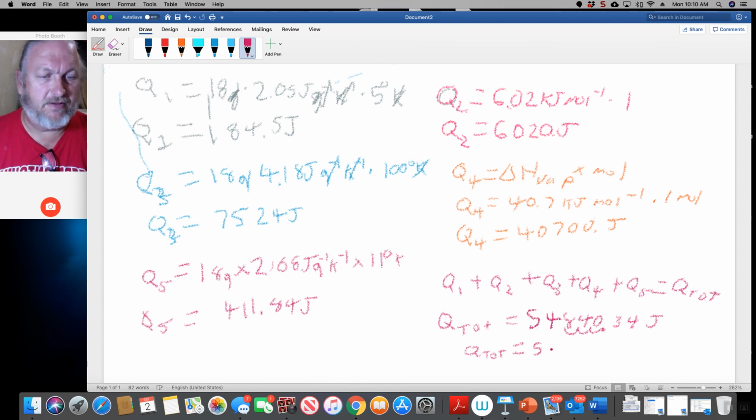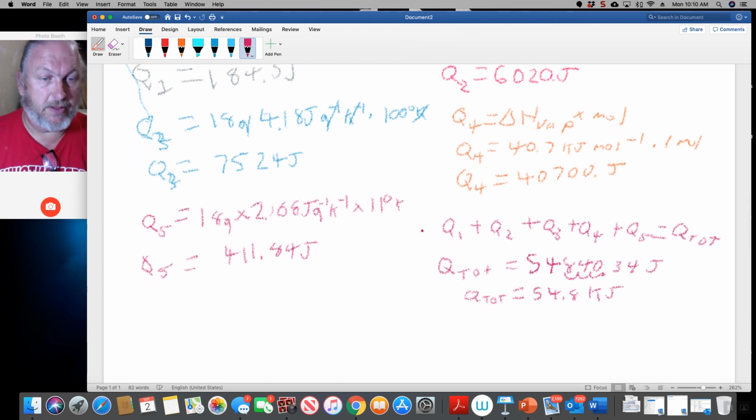So it takes 54.8 kilojoules, because I rounded to this place, so I'd have 3 places. I could also record it in joules, but that means I'm going to do scientific notation.